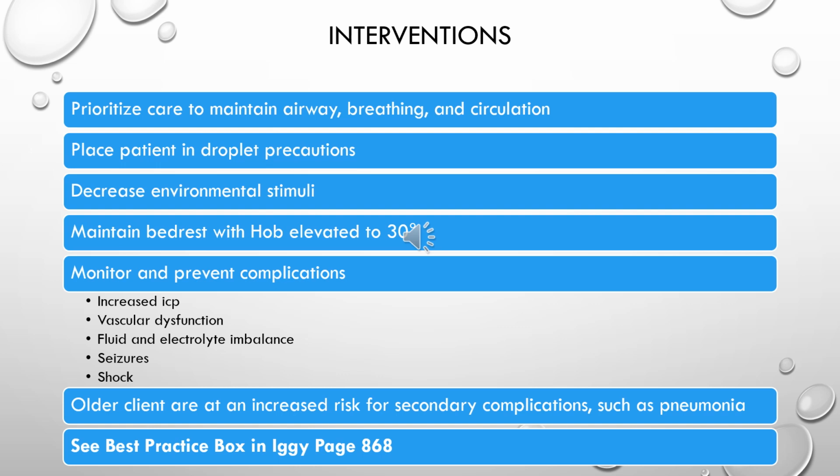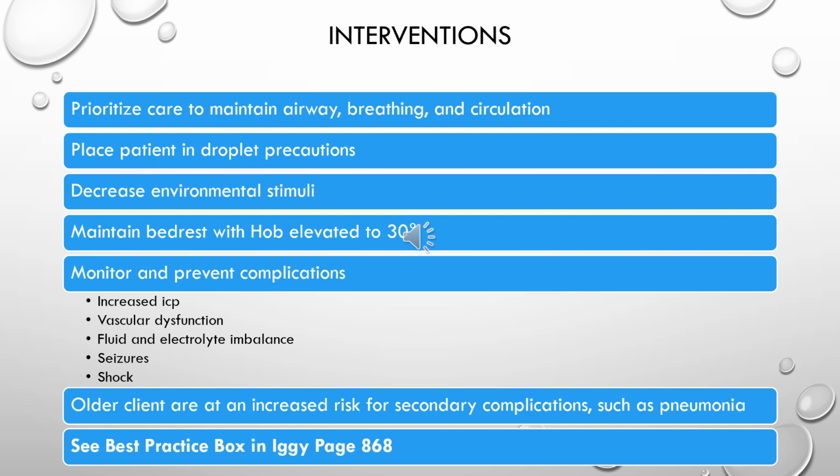Monitor and prevent complications such as increased ICP, so assessment of your neurological function is going to be very, very crucial. You're also going to monitor and prevent complications such as vascular dysfunction and fluid and electrolyte imbalances. Remember, with increased ICP, they can have things like SIADH or diabetes insipidus, which could affect their electrolytes. There's the potential for seizures, and they could also have a shock kind of situation occur.